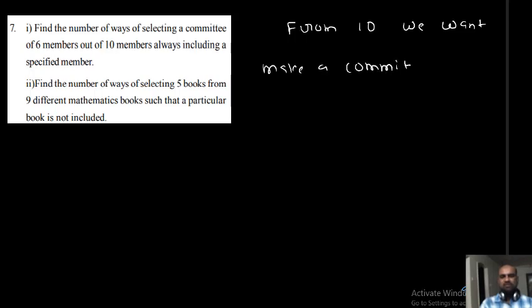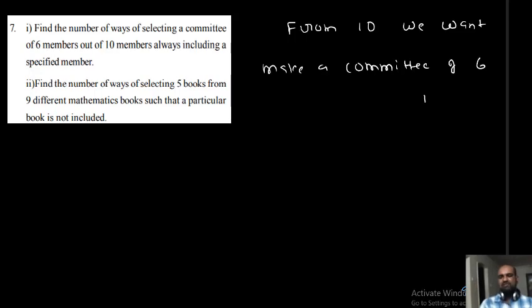Today's first problem: find the number of ways of selecting a committee of 6 members out of 10 members, always including a specified member. Okay students, from 10 we want to make a committee of 6.